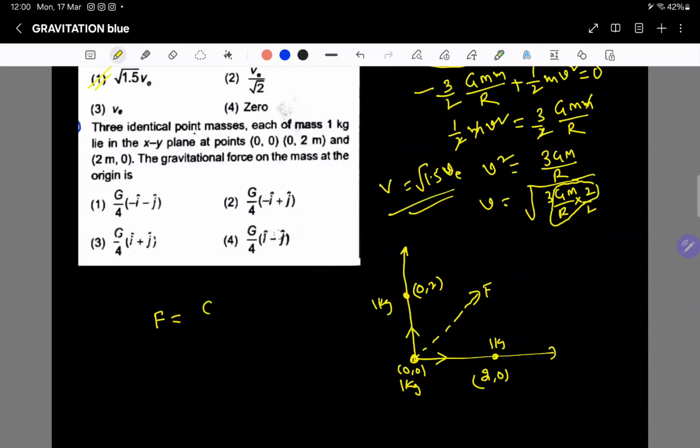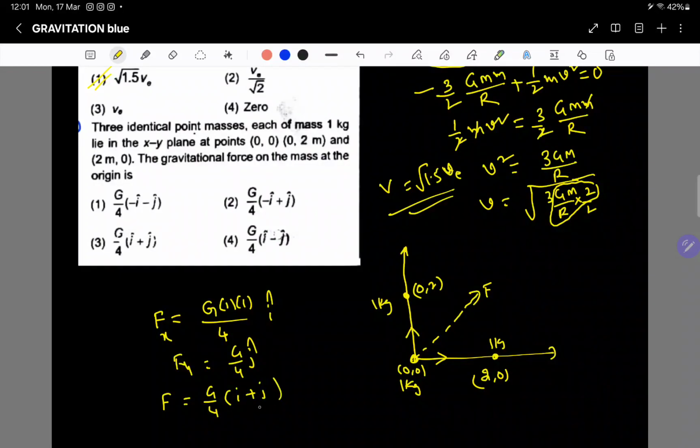F equals G m1 m2 over distance squared. The masses are 1 kg only, and 2 square means 4. Along the x direction it is G by 4 into i cap, along the y direction G by 4 into j cap. The net force F equals G by 4 times (i plus j). So it is the third option, students. Read carefully, the minus sign is also given, don't confuse. XY plane only, 2 comma 0, 0 comma 2. I think everyone is clear.